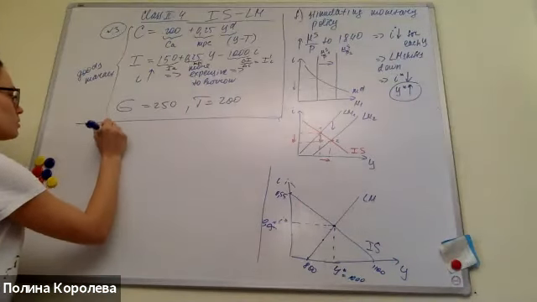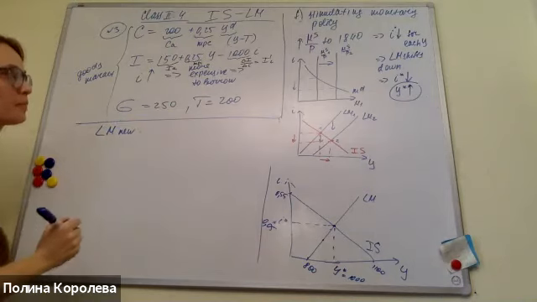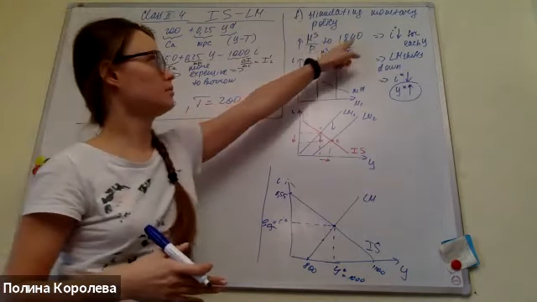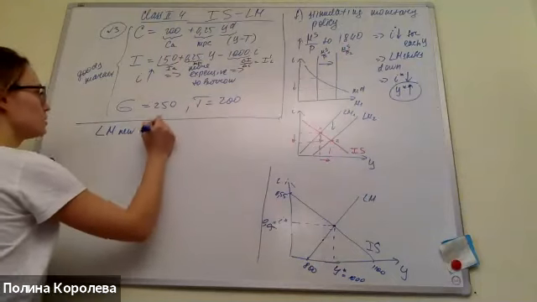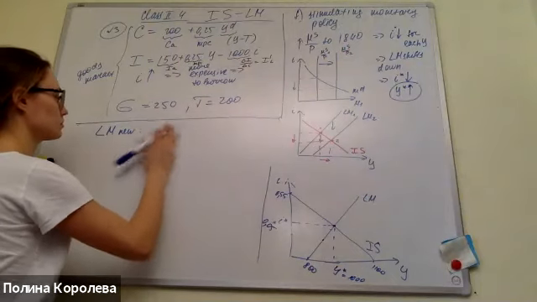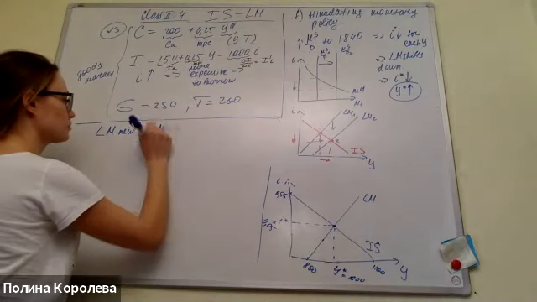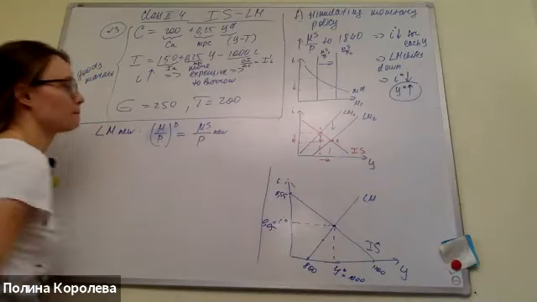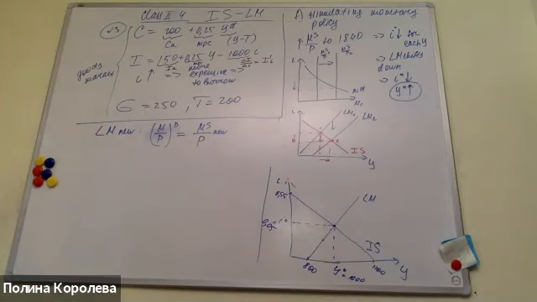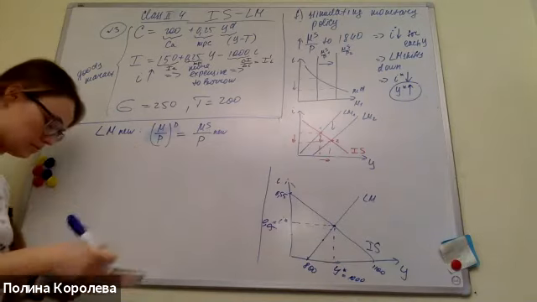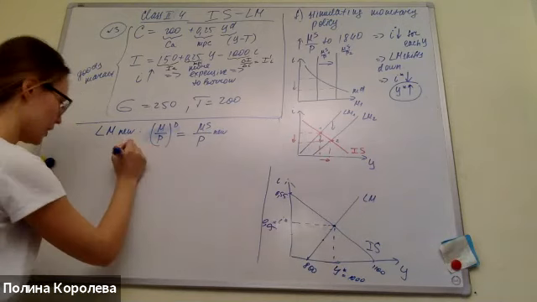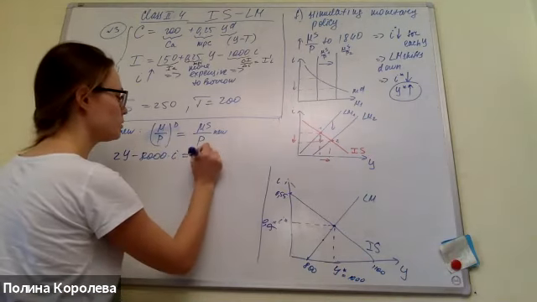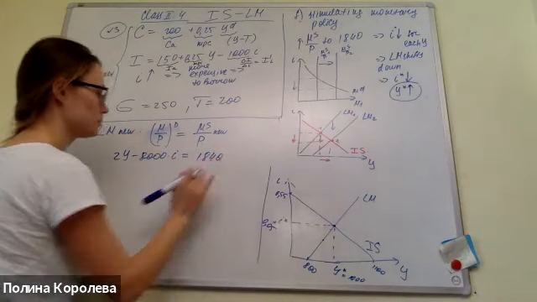So what can we say about the new LM? Our demand for money stays the same, but the supply of money is higher now. Let's equalize: demand is Y minus 8,000 I, and the new supply is 1,840.